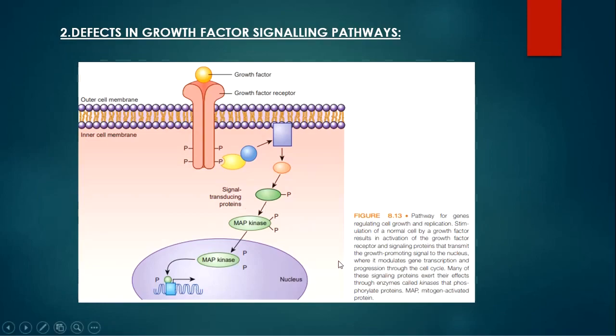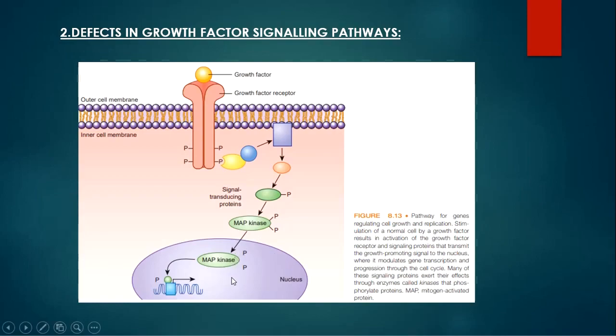So this is a normal process again, and these signal transducing proteins that transmit the growth promoting signal to the nucleus are a number of proteins, and they exert their effects with the help of enzymes called kinases. These kinase enzymes phosphorylate proteins. As you can see, phosphorus groups are added to the proteins, and this way they activate them and send the signals to the nucleus.